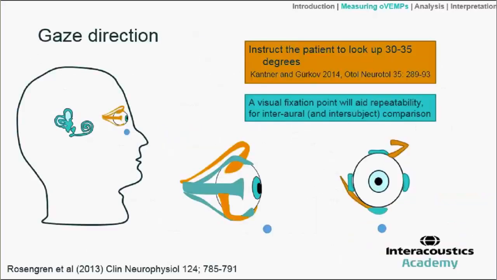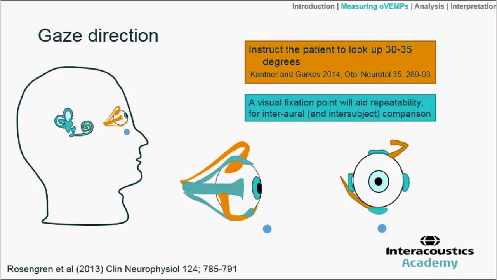And if we come onto this slide, then we can consider a little bit about gaze direction and the effect that has on the position of the response as detected by the electrode just underneath there. It's very common, in fact highly recommended, for the patient's gaze direction during this test to be averted upwards.